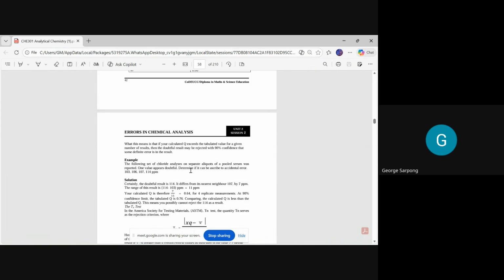Then the solution. Certainly, the doubtful result is 114. It differs from its nearest neighbor, that is 107, by 7 ppm. The range of this result is 114 to 103, and is equal to 11 ppm.